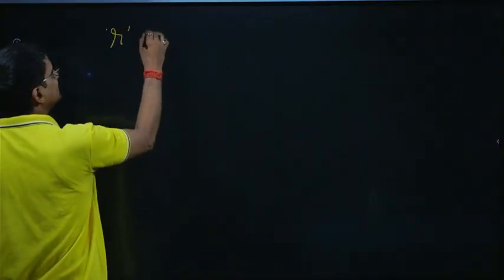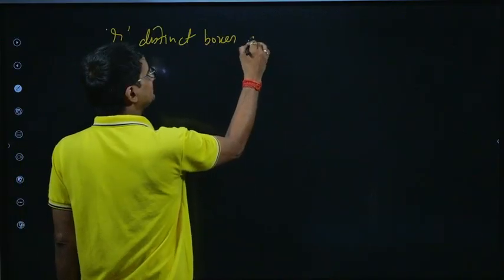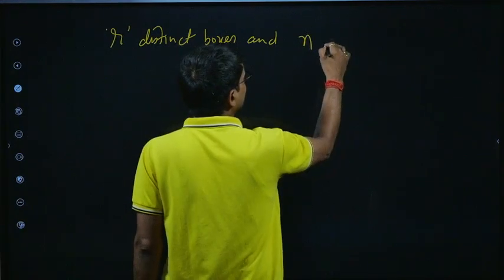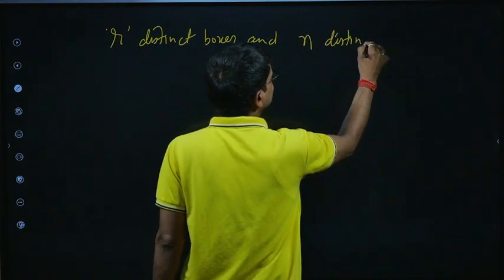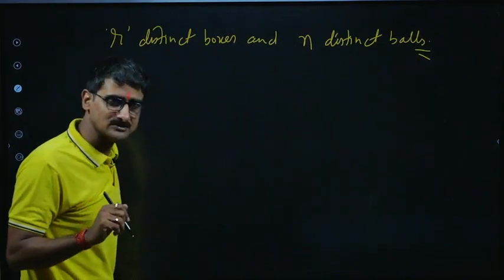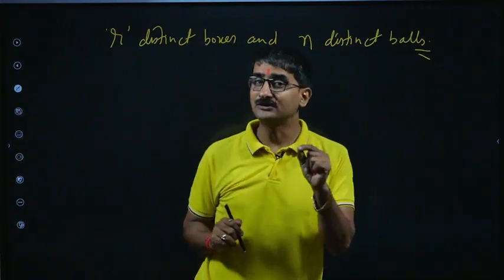So what it says: if we have R distinct boxes and n distinct balls, in how many ways can we put these balls in R boxes such that no box is empty.